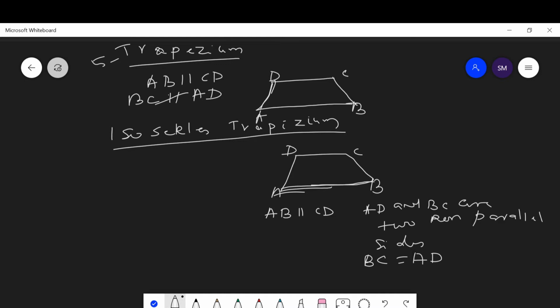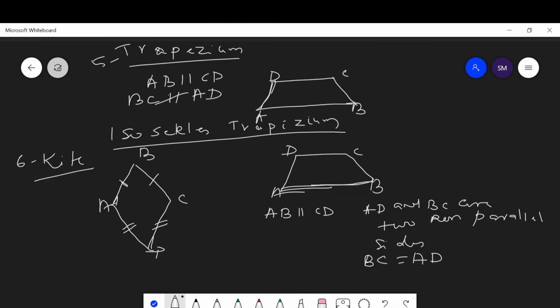Now let us discuss what is kite. Kite is a type of quadrilateral. It has two pairs of equal adjacent sides but unequal opposite sides. Suppose ABCD. It is the sixth type of quadrilateral, kite, in which these sides are of same measure and these sides are of same measure.